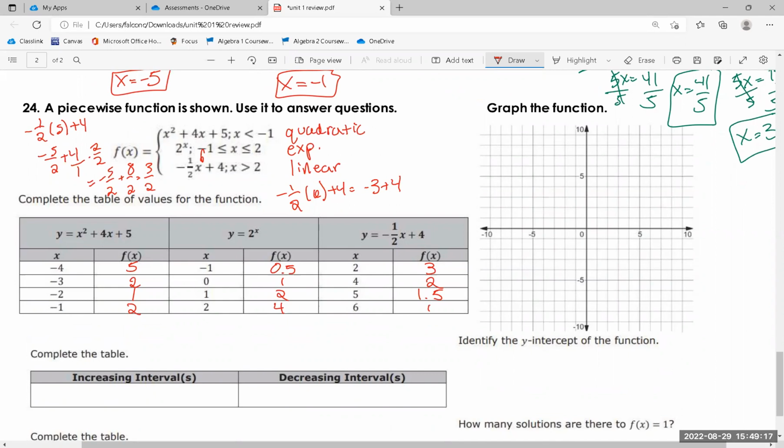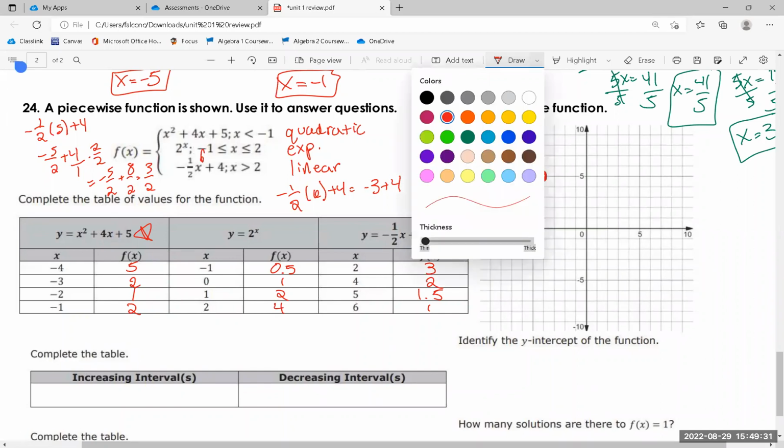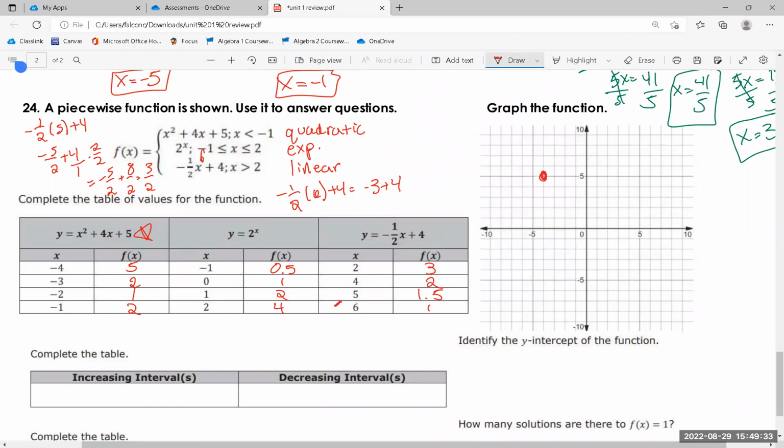Great, so we're gonna graph now. So we're gonna graph our pieces. I'm starting with my quadratic piece over here. So I'm at negative 4, 5. I'm gonna go thicker. I'm at negative 3, 2. Negative 2, 1. And negative 1, 2. Now, this is where we need to check our domain.